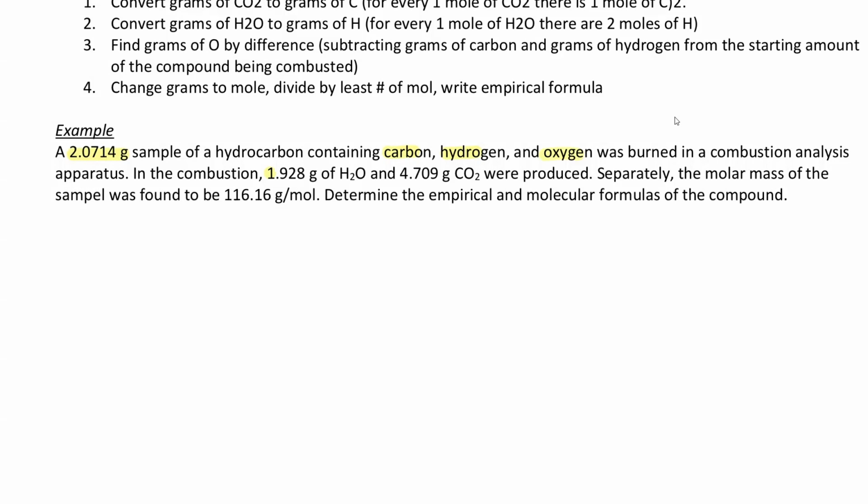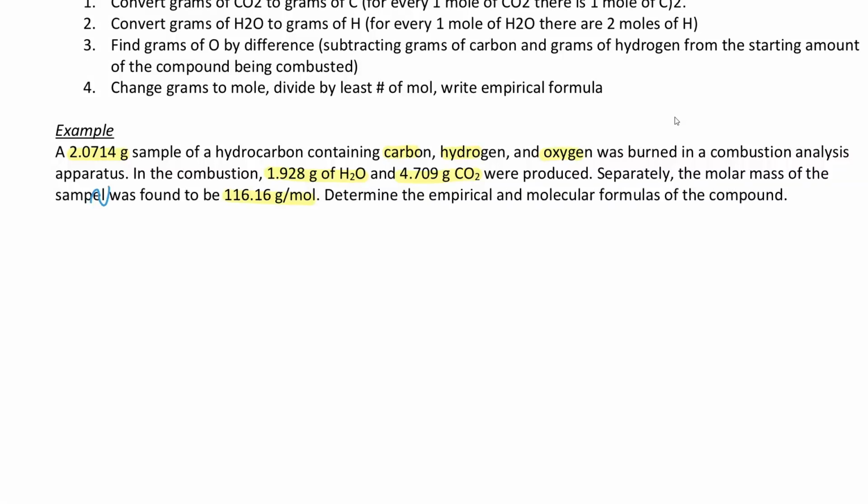We get 1.928 grams of water, 4.709 grams of CO2. In another analysis, we found that the sample's molar mass, whoops, there's a typo, for the sample is 116.16 grams per mole. We want to find the empirical and the molecular formulas.